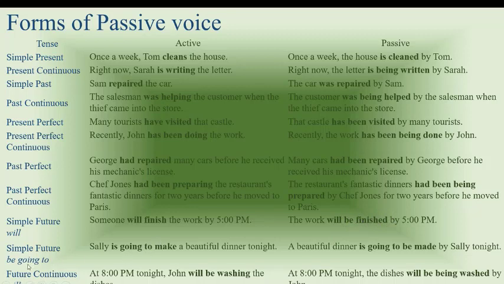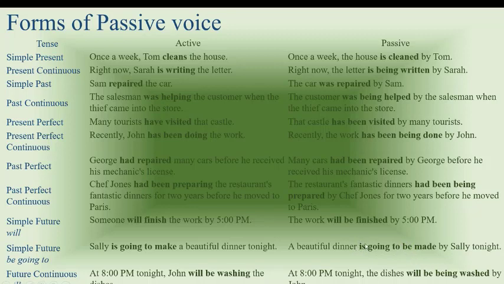Simple future, be going to. Sometimes we use going to instead of will to show that the time is future. Sally is going to make a beautiful dinner tonight. So a beautiful dinner is going to be made by Sally.